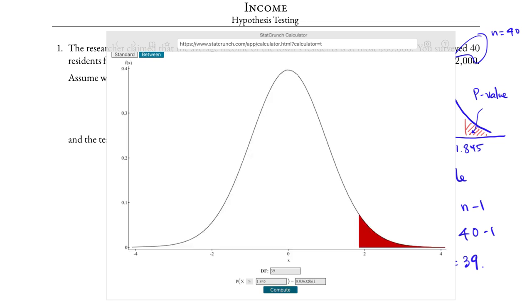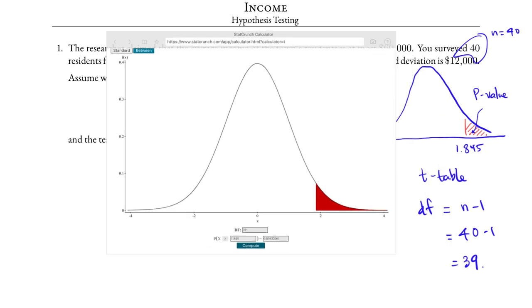We hit compute and we see that the calculator will give us the corresponding probability, which is the area on the right-hand side of the test statistic t. And that area, that probability, that p-value is 0.0363.